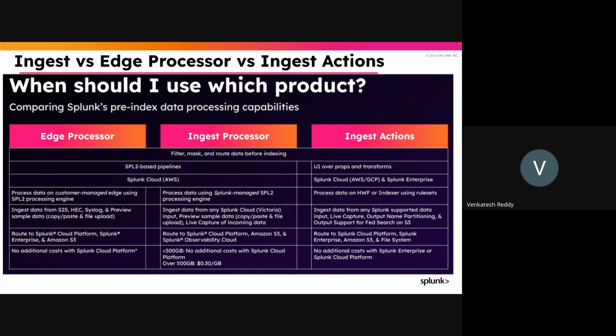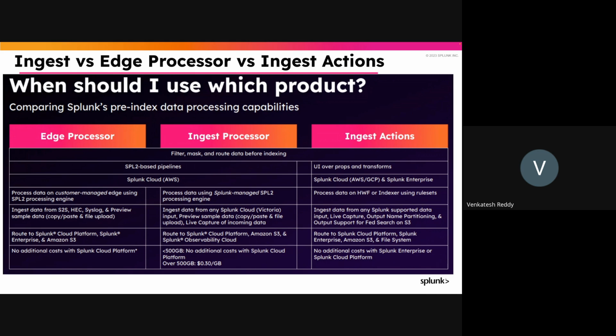So even if your environment is on Splunk Cloud, or any AWS cloud or GCP cloud, you can do that. It's just giving you the ability to provide the props and transforms. We'll go with the demo for ingest actions as well as for ingest processor, so that you will get an idea.